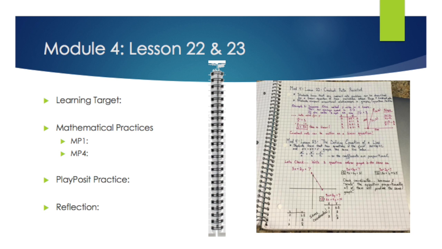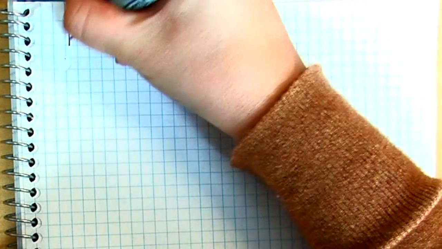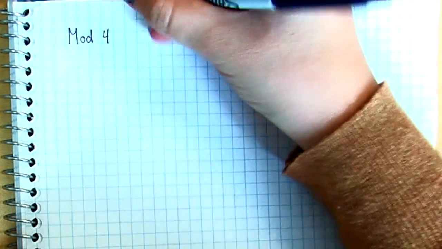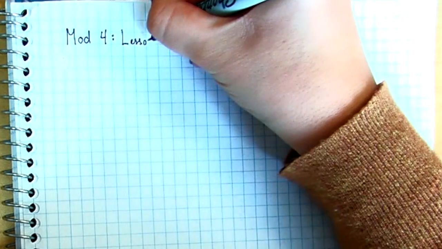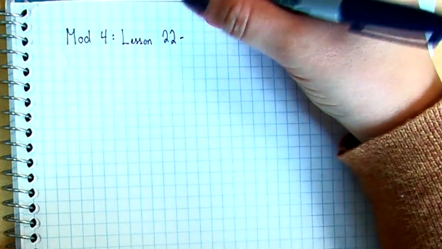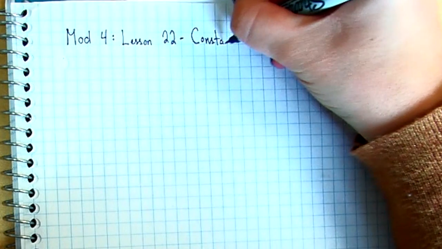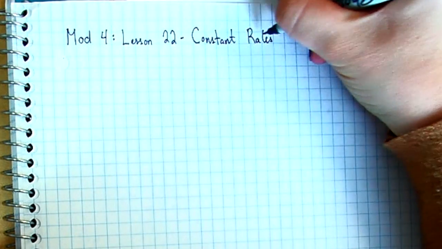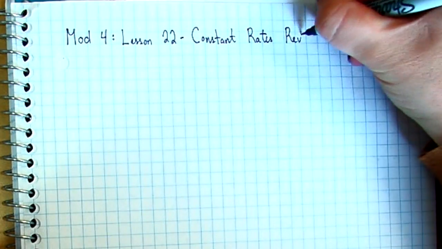Today we're looking at Module 4, Lesson 22 and 23. Lesson 22 focuses on constant rates revisited.